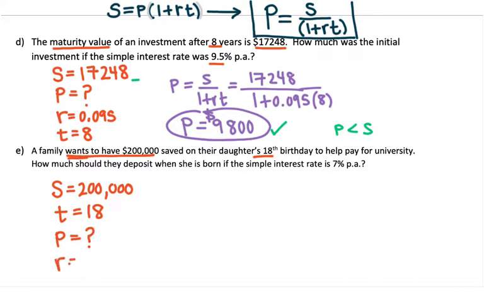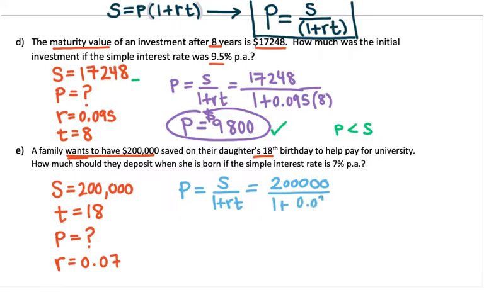And they're saying the rate is 7%. So again, we're going to try to find a number that's less than 200,000, because we want the starting amount. So that's the future amount divided by 1 plus RT. So it's 200,000 divided by 1 plus 0.07 times 18 years.